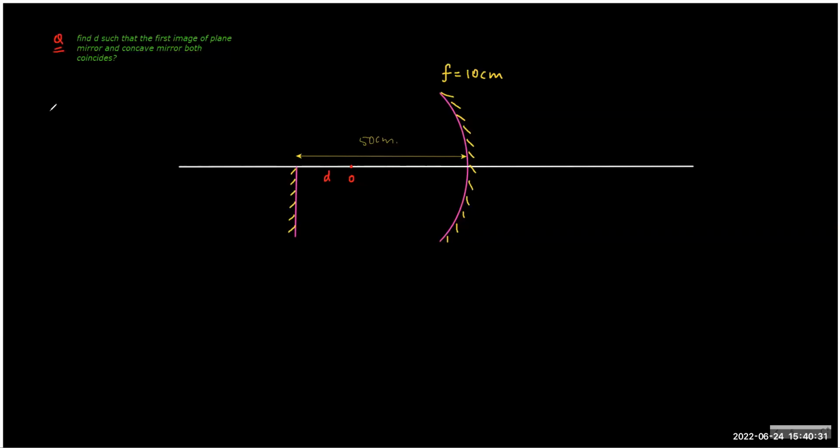So try solving this and you will get the answer. You are supposed to find the D value such that both images coincide. Think for a while, then I will stop. So I'll keep this as the last question, then we can leave for the day.